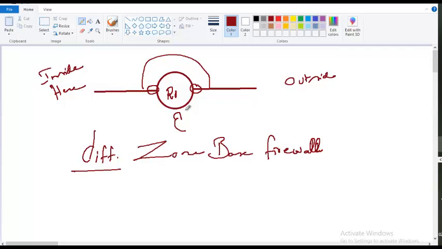Whereas in firewalls, you will have some predefined privileges. For example, this is inside. You put it as inside because it's your inside. Meaning, you do not want this zone to be too strict. You know this side of the router is safe.